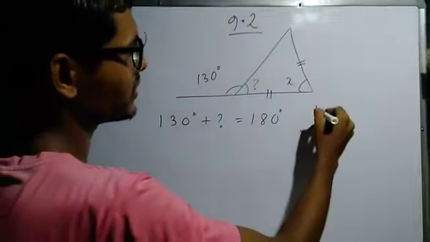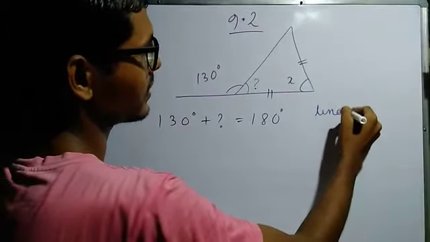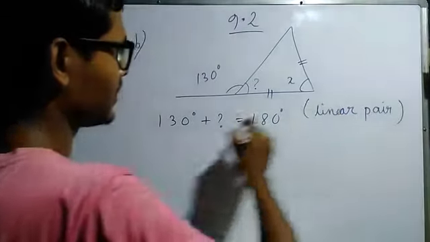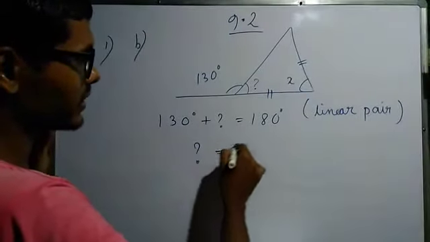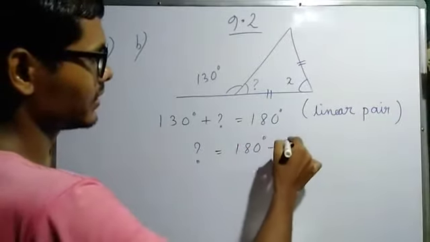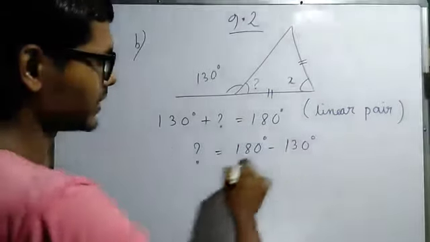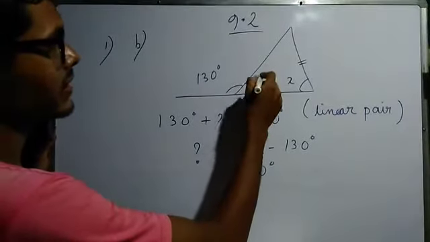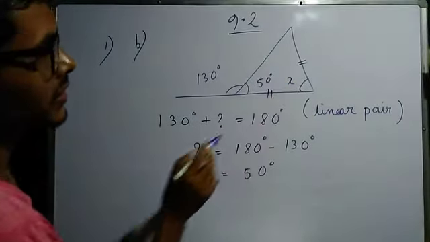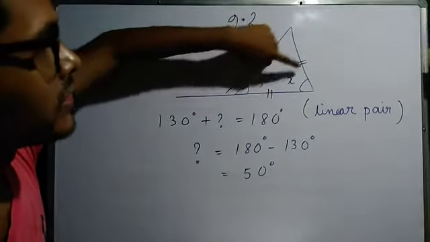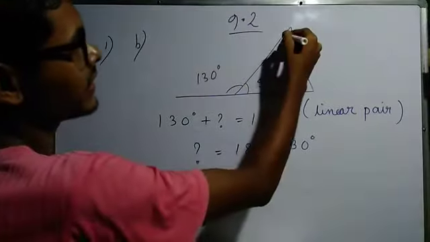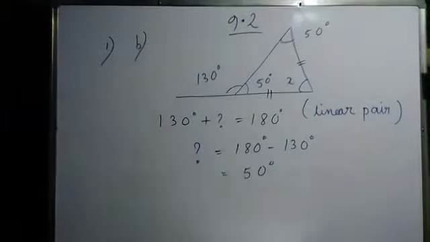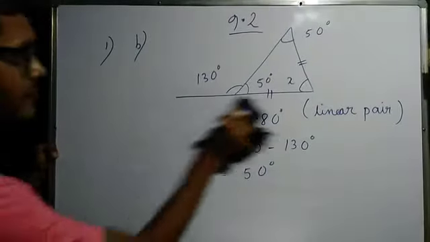It will be a linear pair. Now calculate this question mark angle: 180 degree minus 130 degree. It will be 50 degree. That means this angle is 50 degree. In the question, these two sides are equal, so this angle is also 50 degree. Now we have to find x.